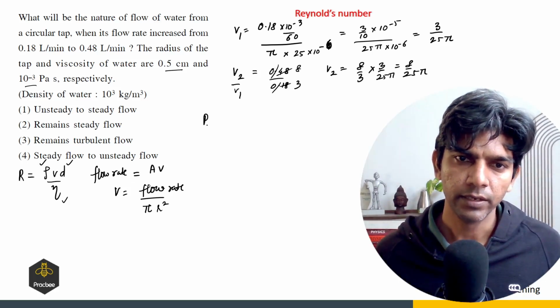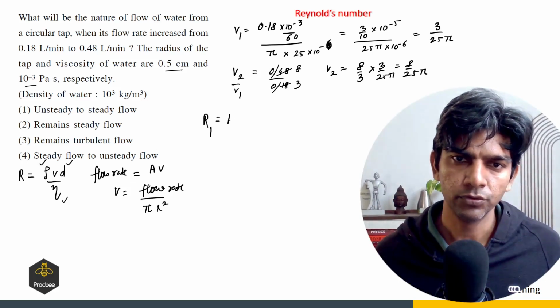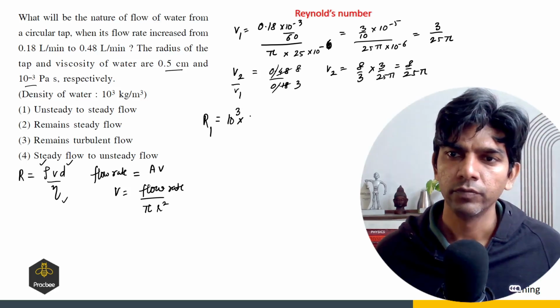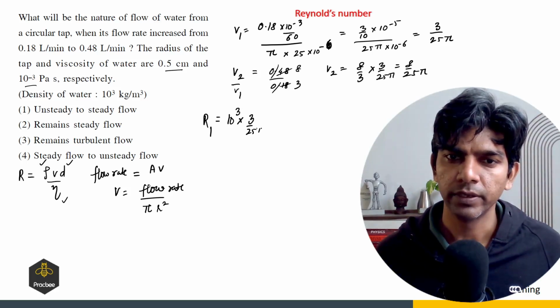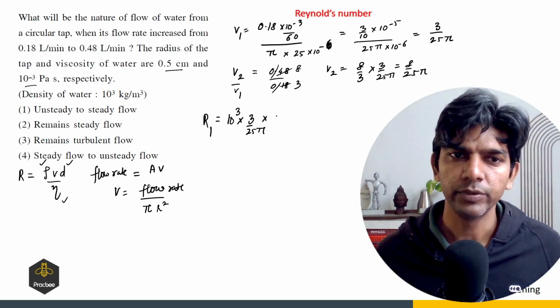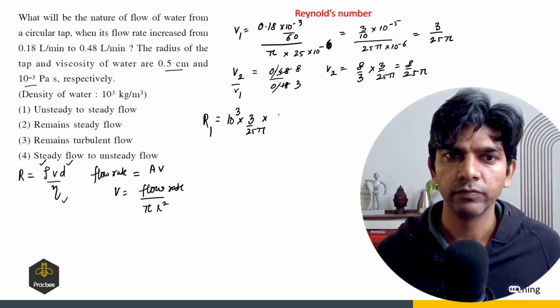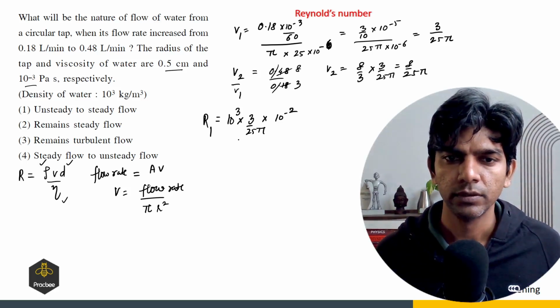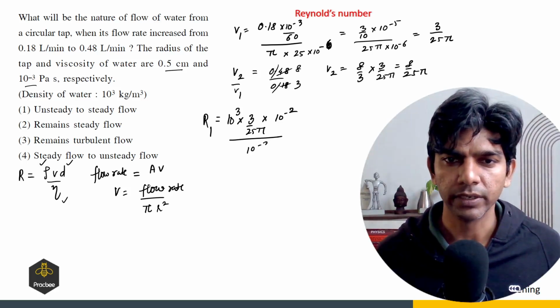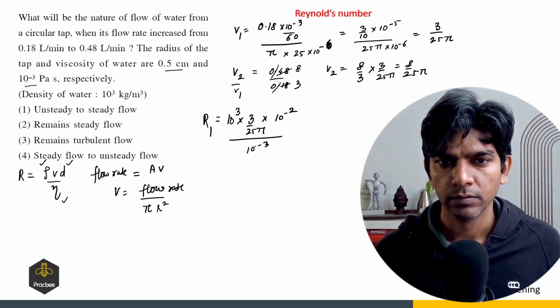So we can say R1 will be rho, that will be 10^3. Velocity will be 3 upon 25 pi times diameter is 1 centimeter, 10^-2, divided by eta, which will be 10^-3. Okay, so this comes out to be how much? So let us simplify this.